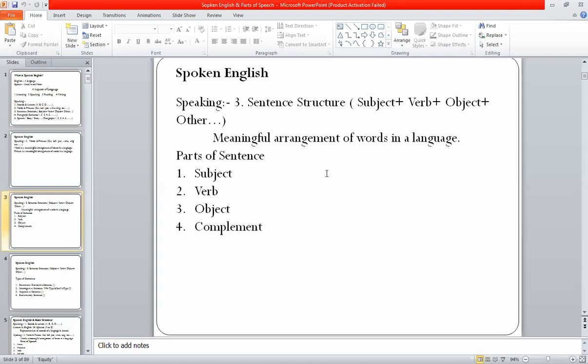First comes the subject. At the very first we start any type of sentence with its subject. Subject means doer, who is doing the action. In a sentence the subject works as a doer.